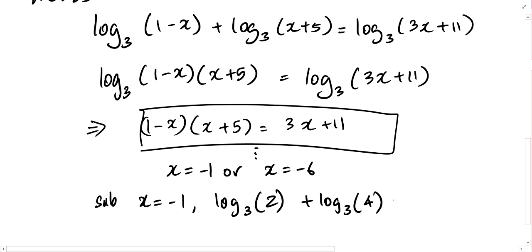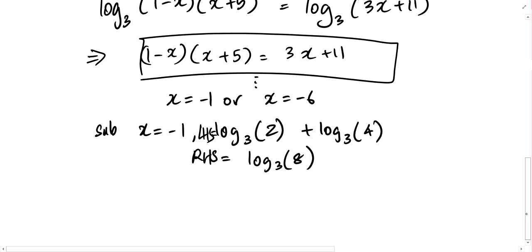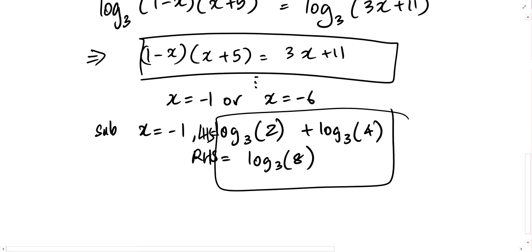Yes, it is. Then the right-hand side, we get log base 3 of (3 times -1 is -3, plus 11), which is 8. Also valid. Then we can see quite clearly that left-hand side equals right-hand side by the product rule.